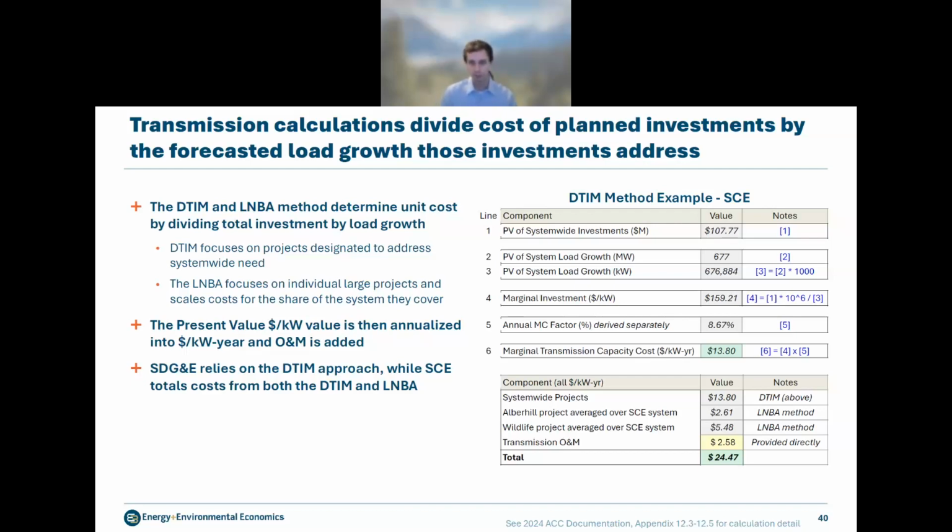If you'd like additional detail on the calculations for both of these utilities, definitely encourage you to check out Appendix Section 12 of this cycle's documentation, where we have the more detailed full set of calculations laid out. You can see both the load numbers and the investments going in. And as I mentioned on the last slide, PG&E doesn't actually have this approach applied during this current ACC cycle, since their transmission value was already set by a prior ruling and remains in place. Next slide, please.